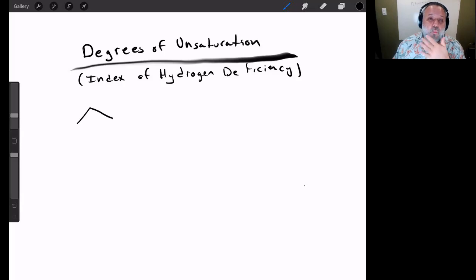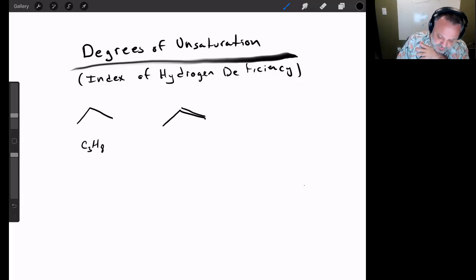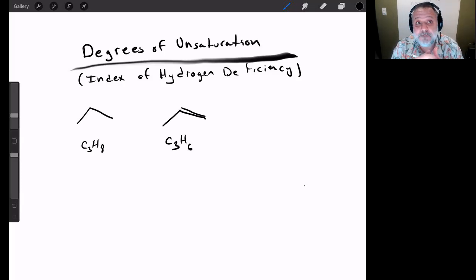C3H8. What happens to C3H8 if I add a double bond? It still has three carbons, but now it has 1, 2, 3, 4, 5, 6 hydrogens. It's now unsaturated. And remember, the term unsaturated just means that a carbon doesn't have the maximum number of hydrogens that it could theoretically have.